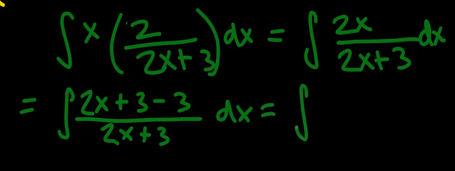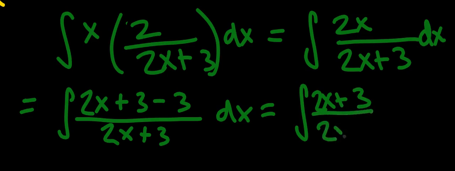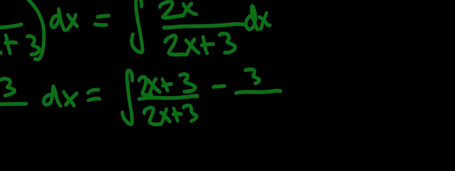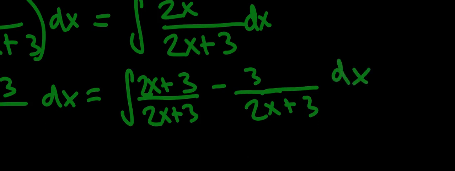And I can separate it like this. 2x plus 3 over 2x plus 3 minus 3 over 2x plus 3 dx, right?